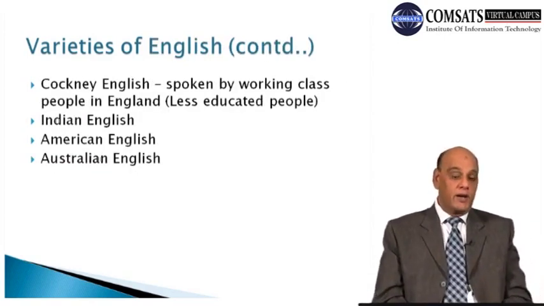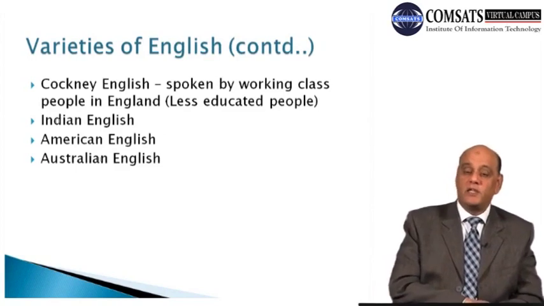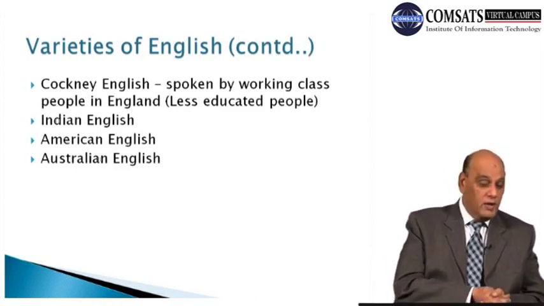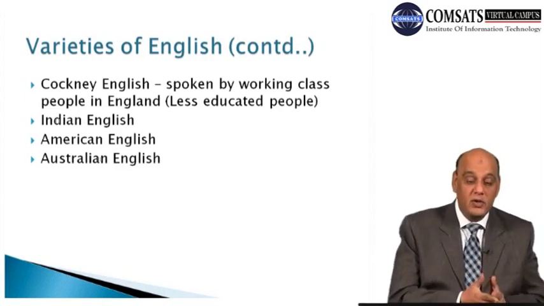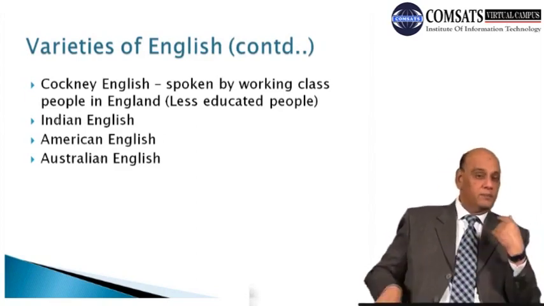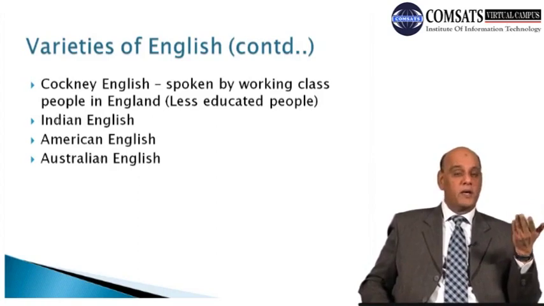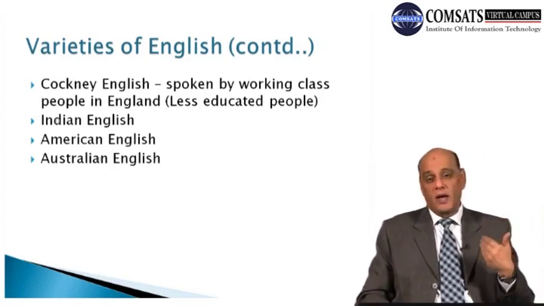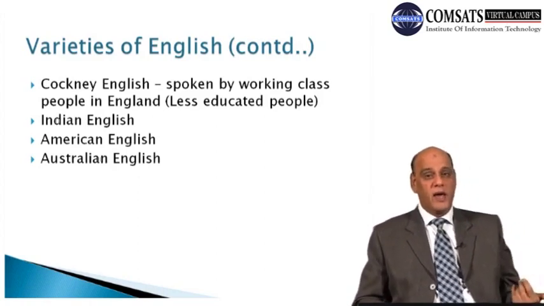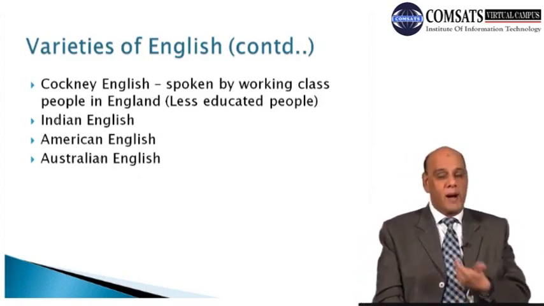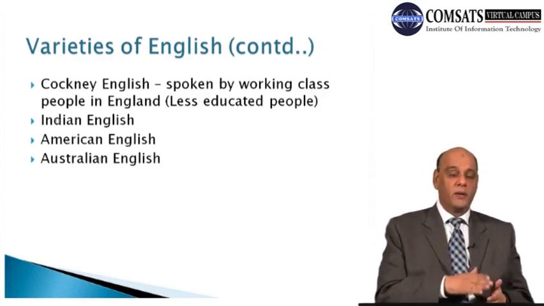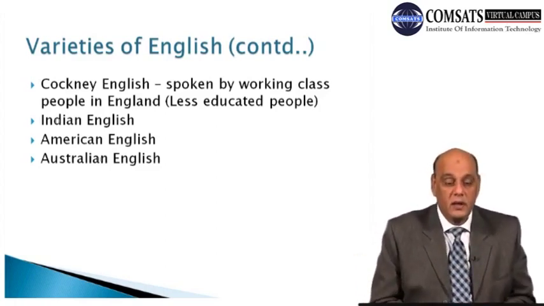You see some other varieties here. Cockney English is spoken by working class people in England. Less educated people would speak Cockney, a different variety of language. Then we have Indian English, where many words from Hindi enter English, and Pakistani English, where many words from Urdu are adopted by English writers.